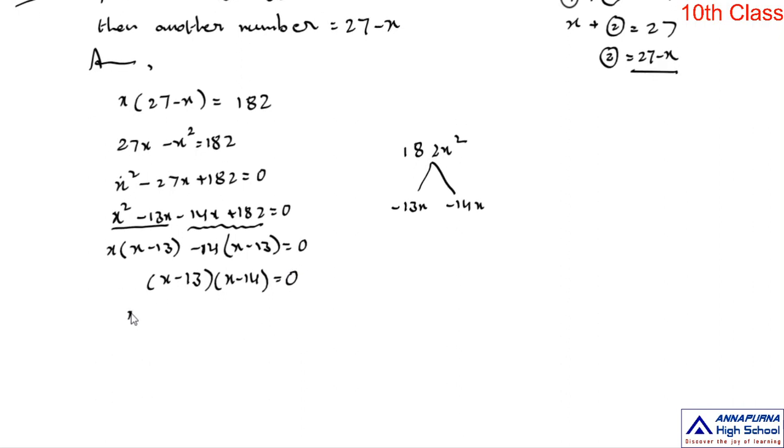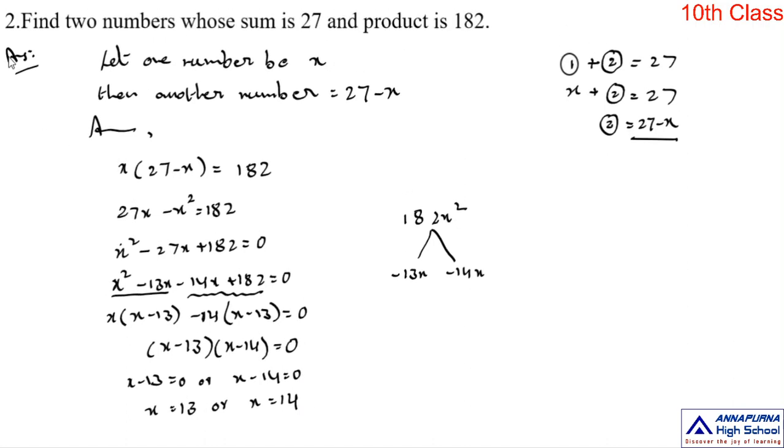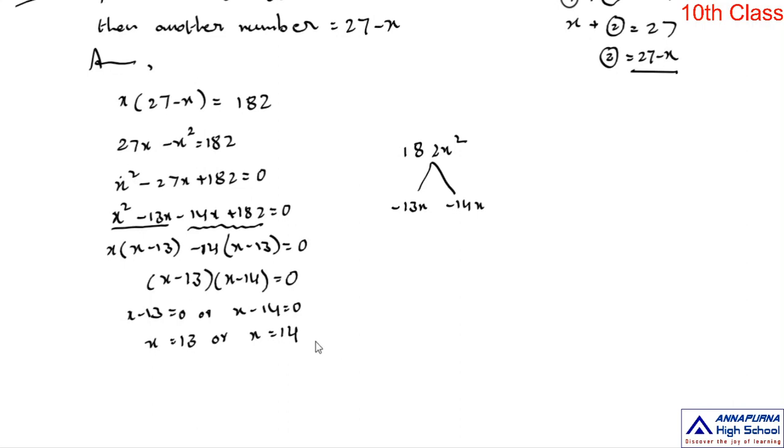So x minus 13 is equal to 0 or x minus 14 is equal to 0. Then x is equal to 13 or x is equal to 14. Here we find the two numbers: 13 and 14.